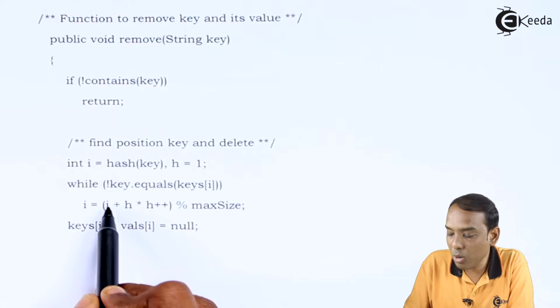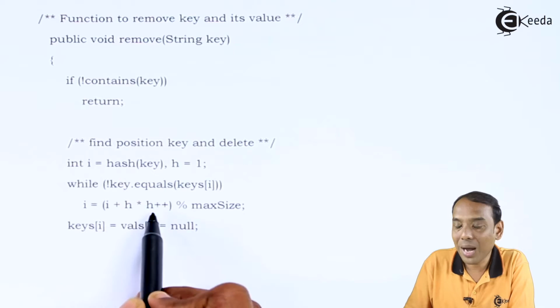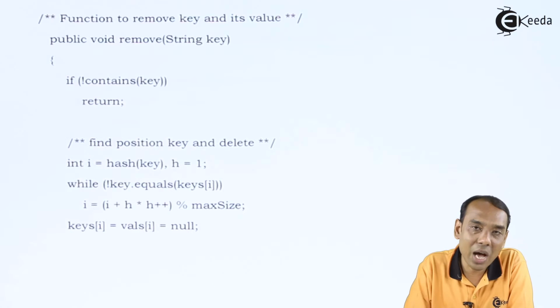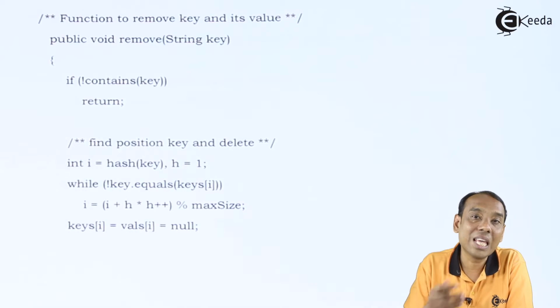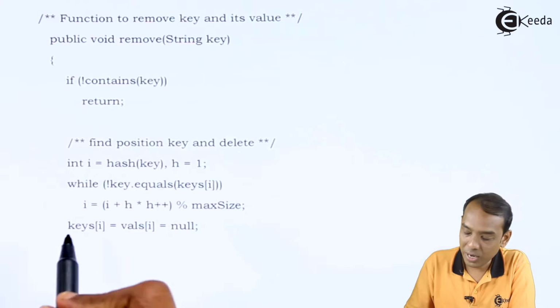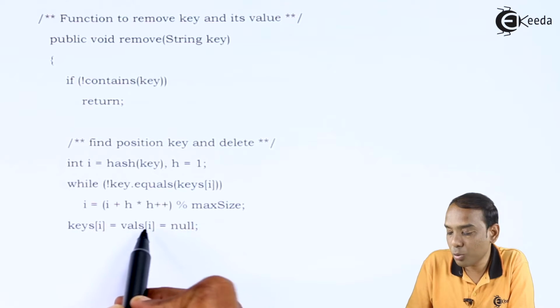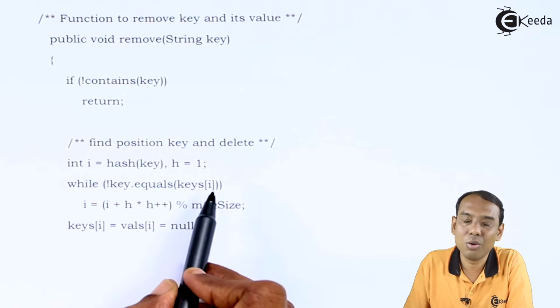We write down i = i + h * h++ mod max size. When this is done, then we have to make sure the keys and values point to null. We write down keys[i] = vals[i] = null. So the key and its corresponding value both point to null storage.